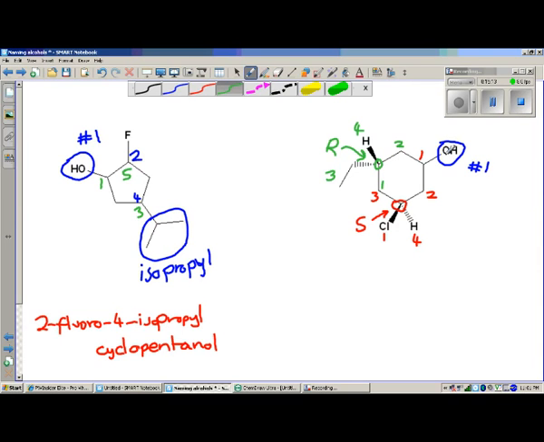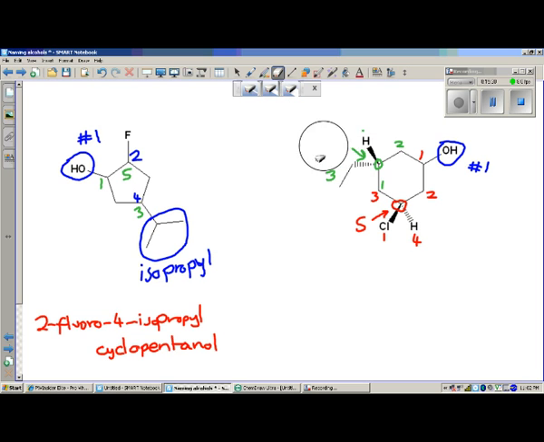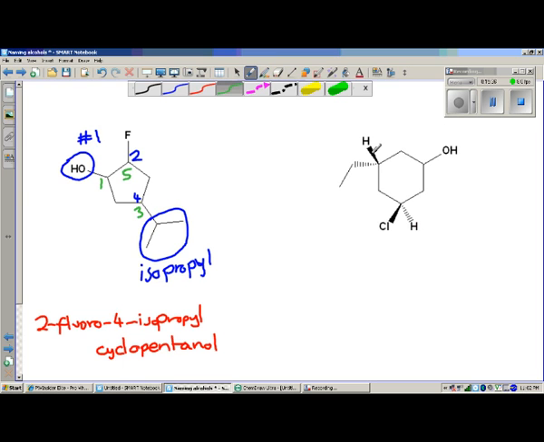Well, we know the parent name here is cyclohexanol. The chlorine is on carbon 3. You know what, I'm going to erase some of this stuff here for just a minute. In fact, now we have this stuff sorted out and we know that's R and S. Alright. Just put this back on here.